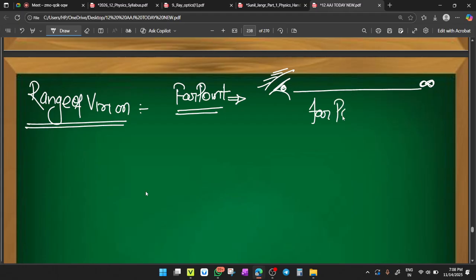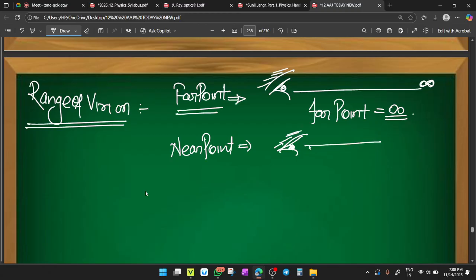Far point is equal to what? Infinite. And the near point, what is the near point? Suppose this is the eye. The near point means the nearest distance at which a healthy eye can see an object clearly.